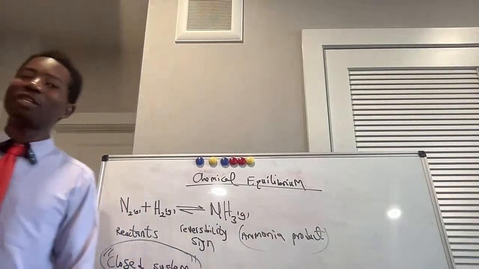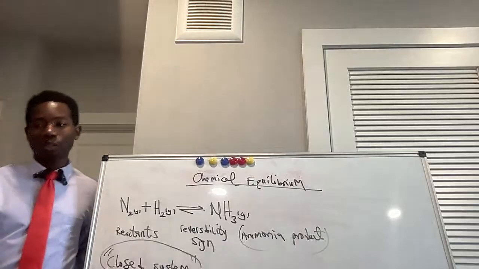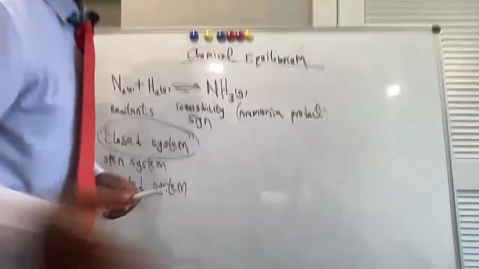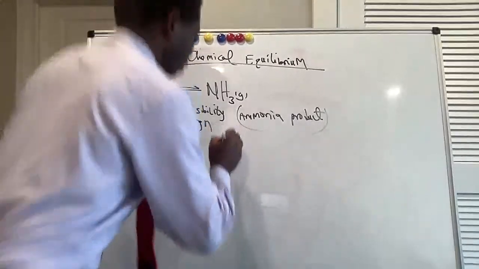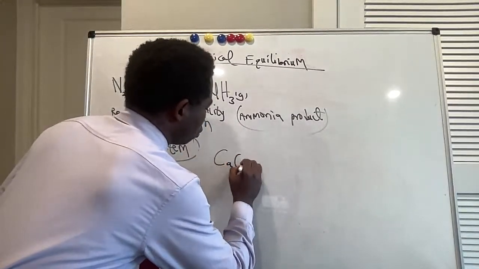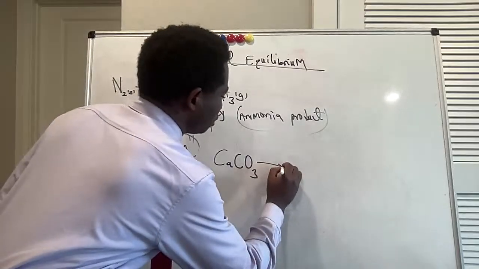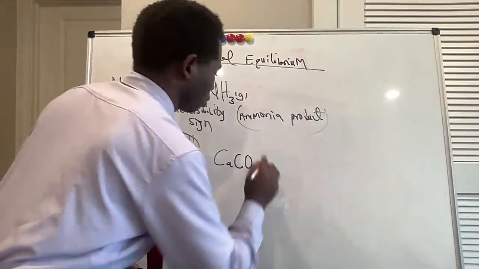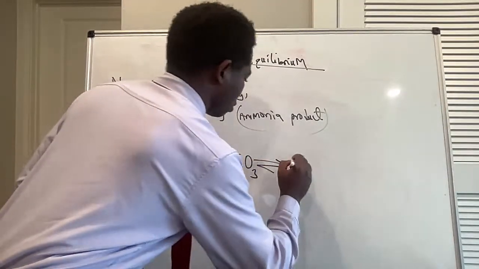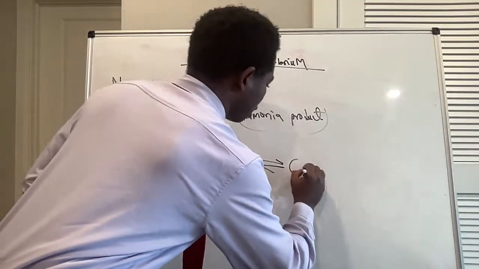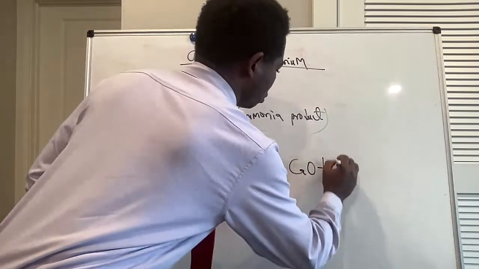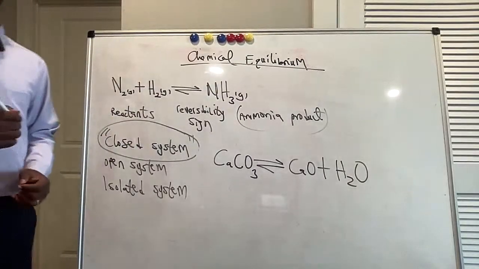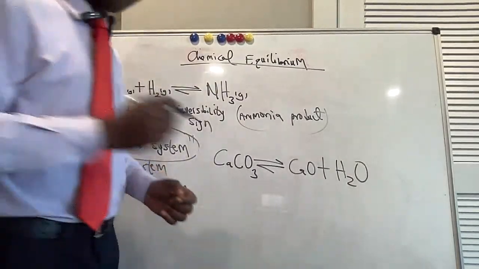When calcium carbonate is decomposed, it produces calcium oxide and carbon dioxide.